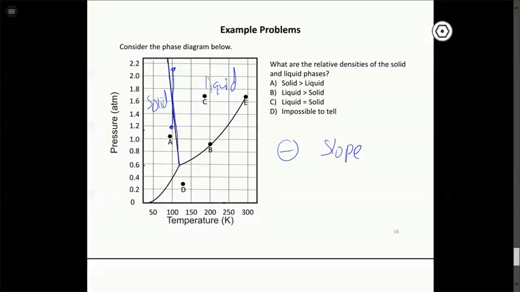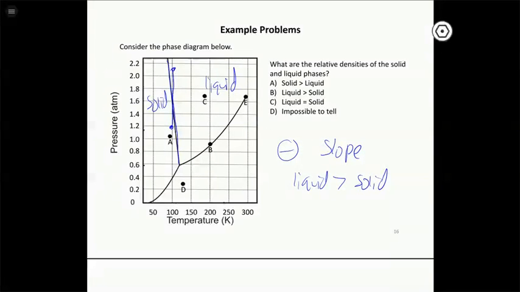So raising the pressure corresponds to an increase in density, which means that the liquid is greater than solid. Because as we go straight up vertically, we cross from solid into liquid. That means that the liquid is more dense than the solid because it occurs at higher pressure. All right, so that's going to be choice B in this case.